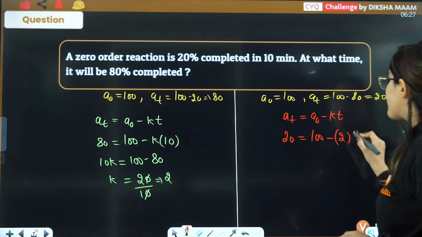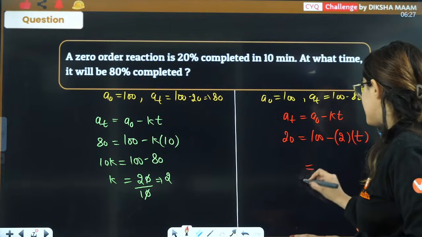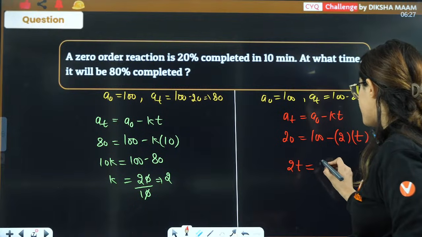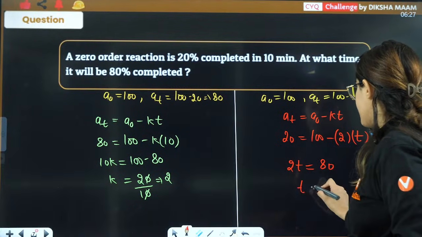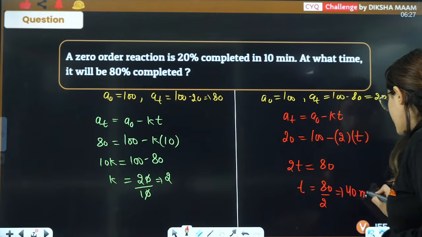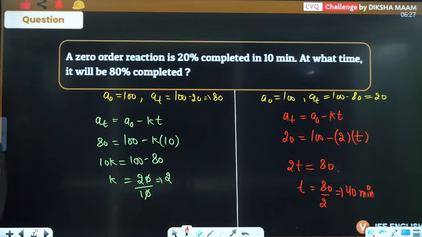And the time you have to calculate in minutes only. So we'll say this is 2t, and this is 100 minus 20, which is 80. So time is going to be 80 by 2, that is nothing but 40 minutes. So 40 minutes is the correct answer here.